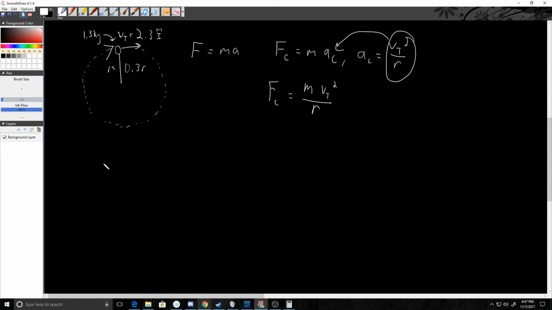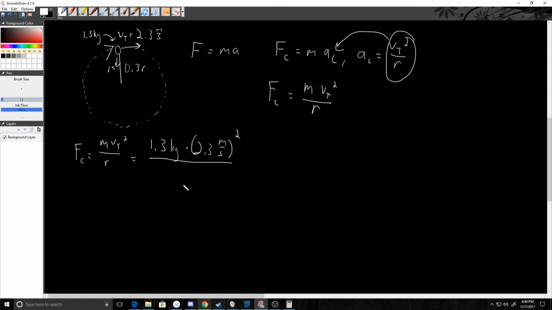All right, so over here, let's say I want to know the centripetal force that the string is pulling on the ball with. In this case, they don't give us centripetal acceleration straight up, but they give us the tools so that we can find it. The mass we said was 1.3 kilograms. Vt, the tangential velocity, was 2.3 meters per second, but I do need to square that.